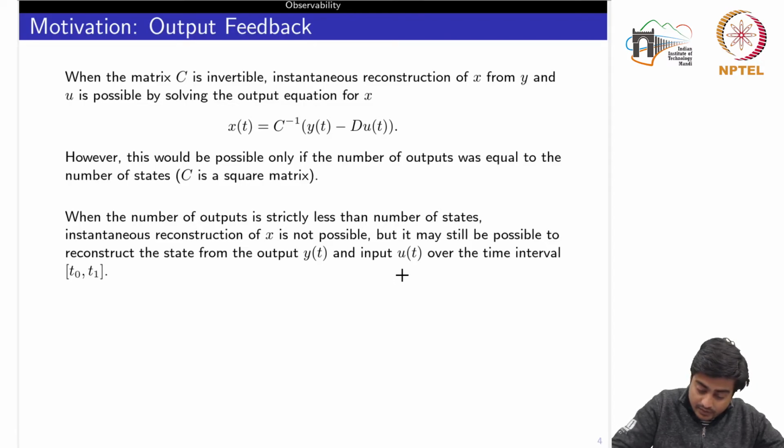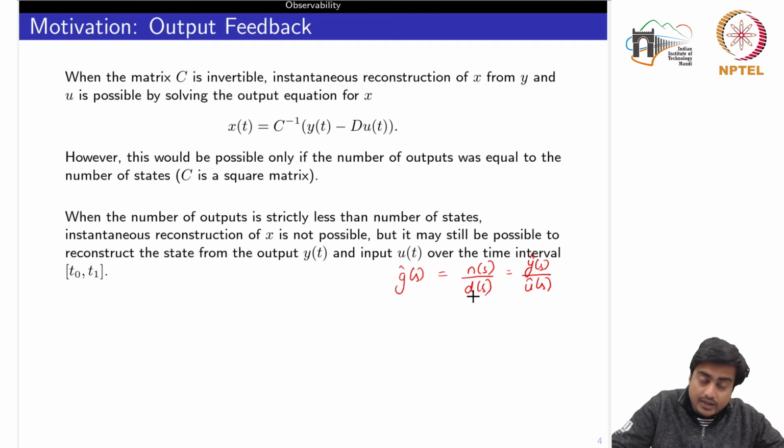You can visualize this. Say, for example, we have many times considered a single input, single output system, which is a ratio of polynomials, numerator and denominator, nothing but y hat of s over u hat of s. Here we know that the output is 1 and the input is also 1.